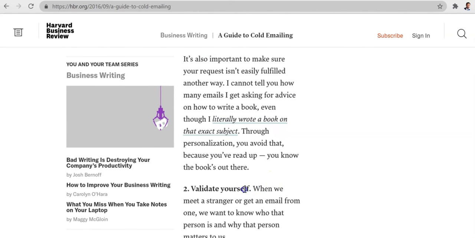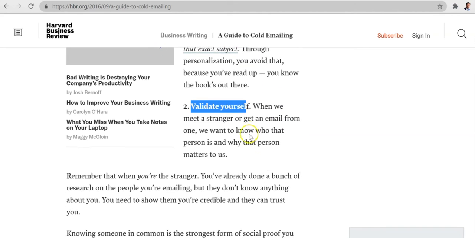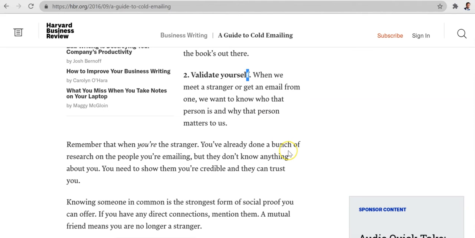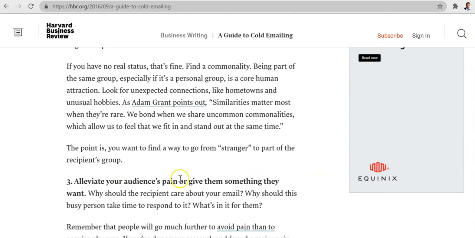Another thing is to validate yourself. Okay, so people are influenced by authorities. They trust people who have some sort of credibility. So if you have your credentials, that's effective. So that's something I also put in my emails. I put in VP of marketing, for example. And another thing is alleviating your audience's pain.